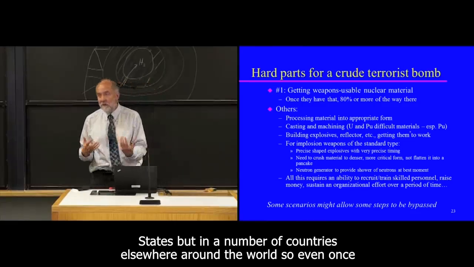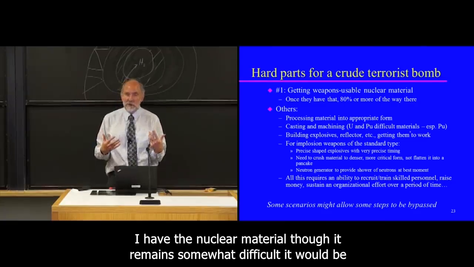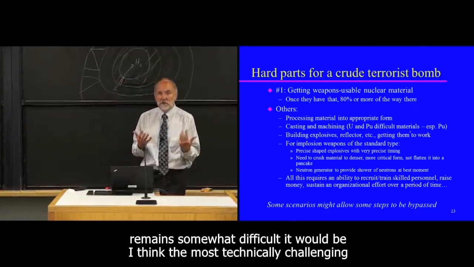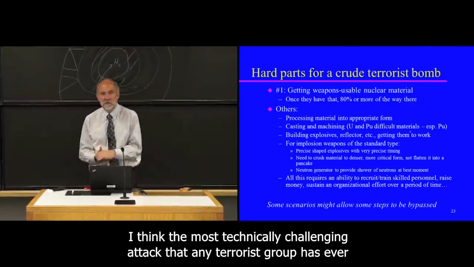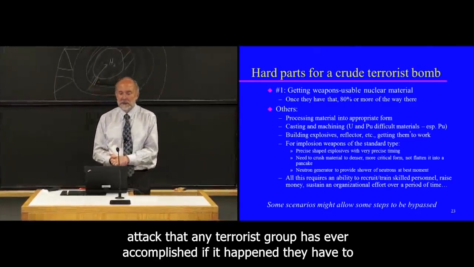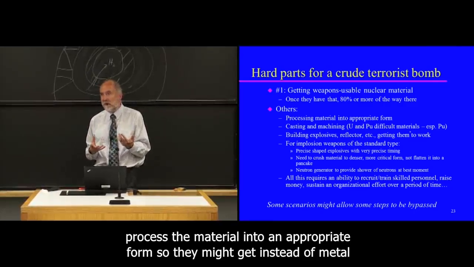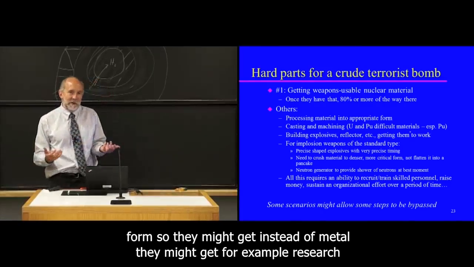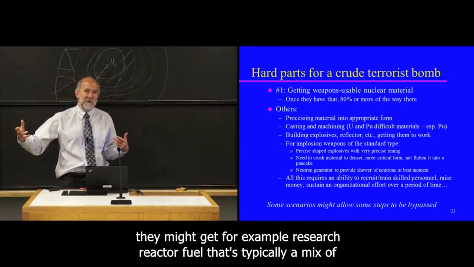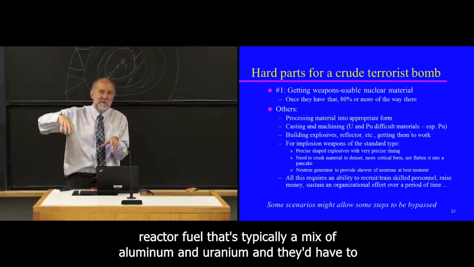So even once they have the nuclear material, though, it remains somewhat difficult. It would be, I think, the most technically challenging attack that any terrorist group has ever accomplished, if it happened. They have to process the material into an appropriate form. So they might get, instead of metal, they might get, for example, research reactor fuel that's typically a mix of aluminum and uranium.